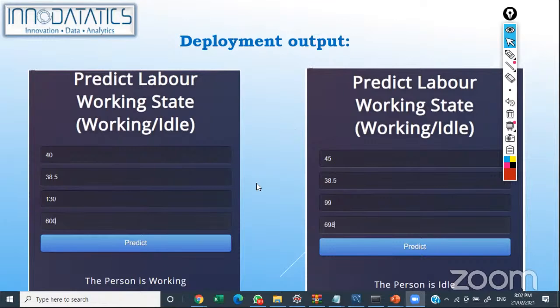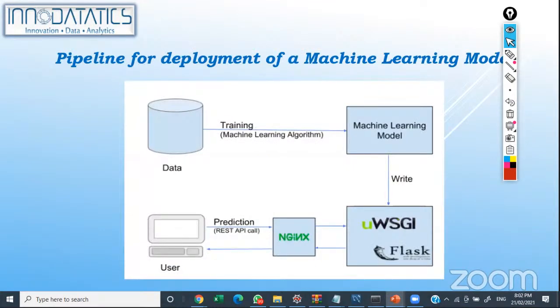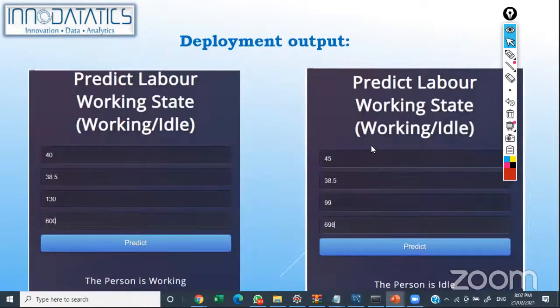So, going back to the discussion, this is the architecture of the pipeline that we had for the Flask application, and this is the deployment output. Prediction of labor working state, whether idle or not.